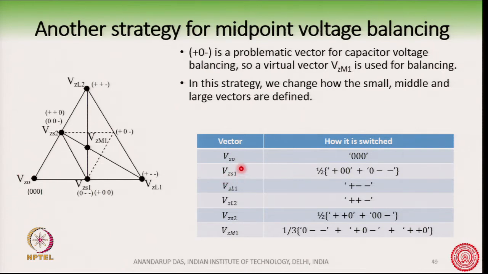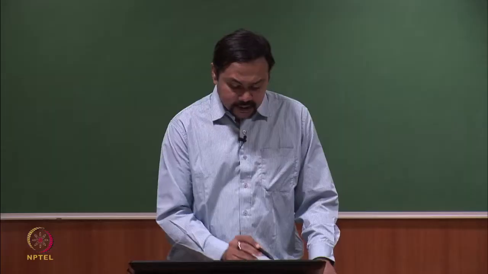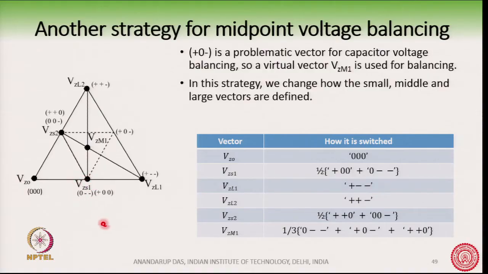Next, we have Vz_s1, that is this small vector. Now, how are we getting this vector? Vz_s1 is formed by switching plus 0 0 and 0 minus minus for half duration of time each. So, this is how the Vz_s1 vector is formed.